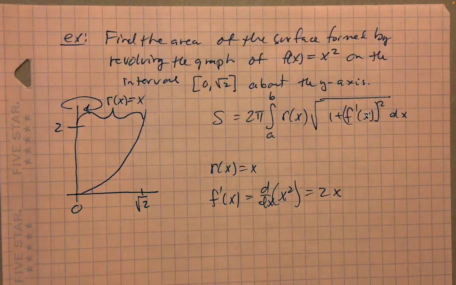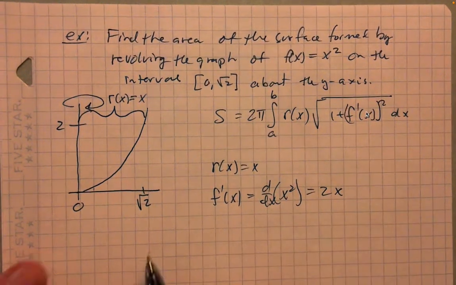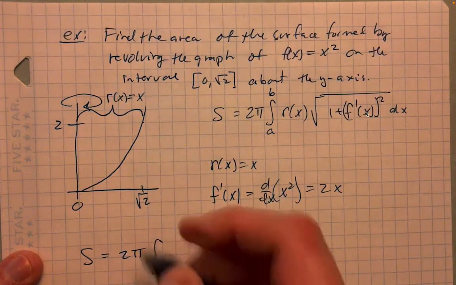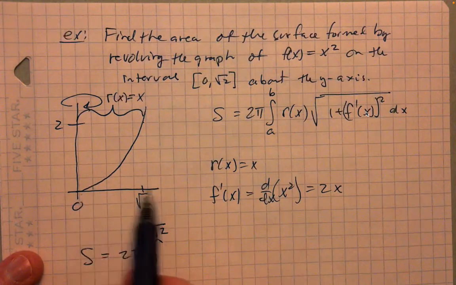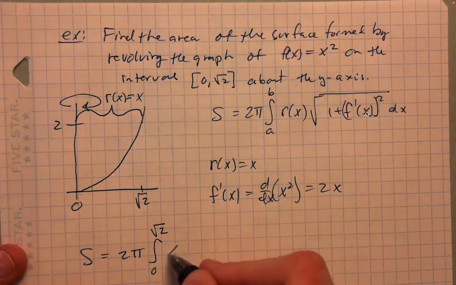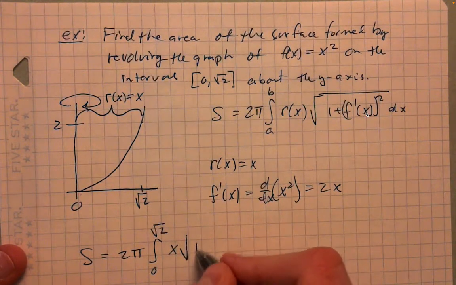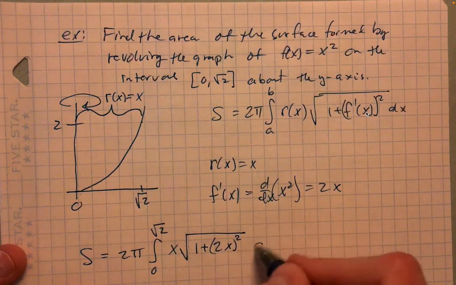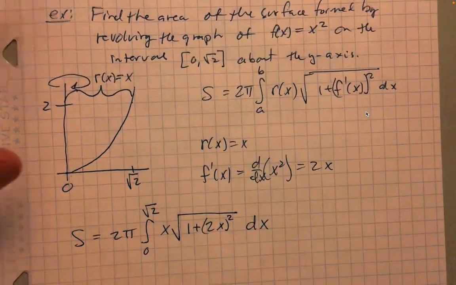So we can plug and chug here. So S is equal to 2 pi times the integral from 0 up to the square root of 2, integrating along here. And it's going to be x times the square root of 1 plus 2x, we have to square that, take the square root. Just like so, right?